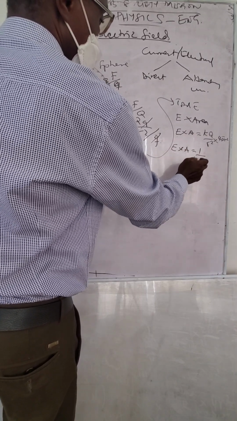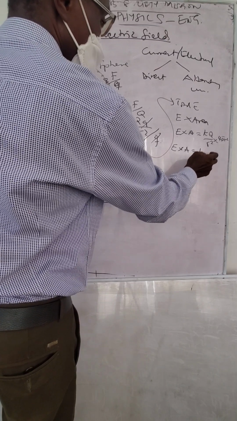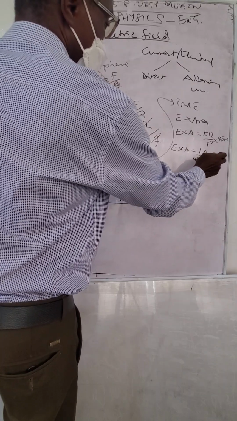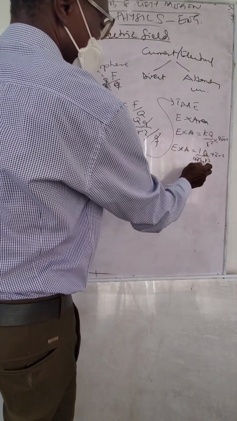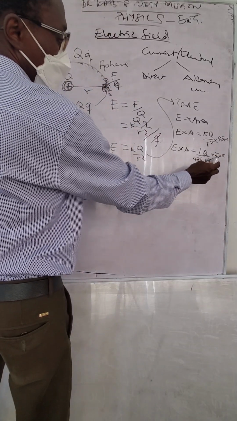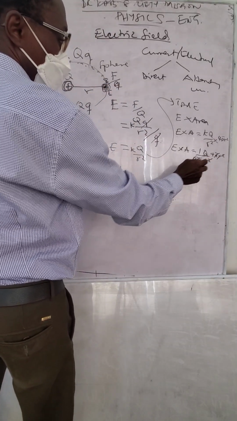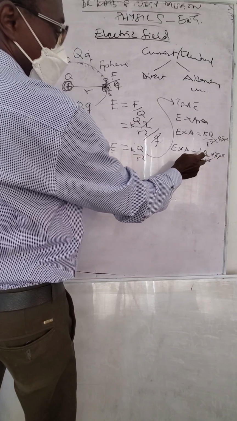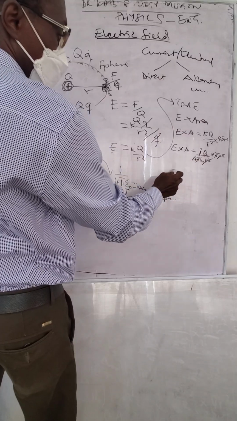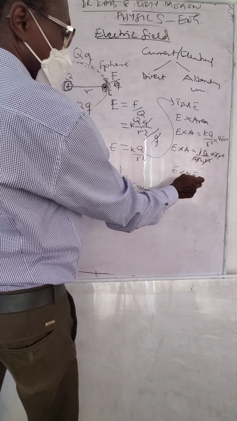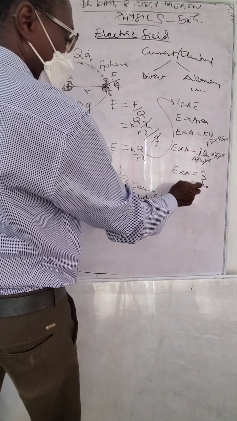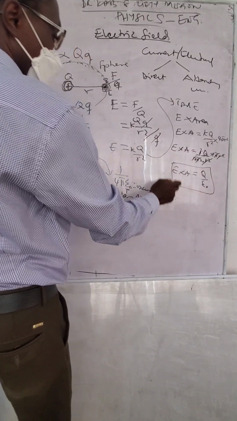This is 1 over 4 pi epsilon naught, times Q over R squared here, and this is 4 pi R squared here. So this cancels that, and this cancels that. So we're going to have E times A equal to Q over epsilon naught. This is the expression we have.